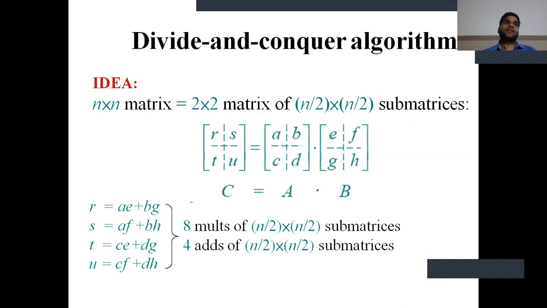Then the matrix is first divided into n by 2, n by 2 submatrices. This gives the solution C matrix, the product of A and B. So matrix A equals A, B, C, D, and matrix B equals E, F, G, H. After the product, we find the values of R, S, T, U, and we calculate the total number of operations: addition, multiplication and subtraction. We find a total of 8 multiplications and 4 additions performed in finding the value of C for a given 2 cross 2 matrix.